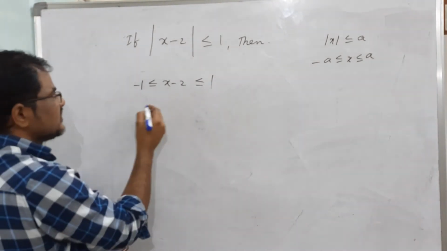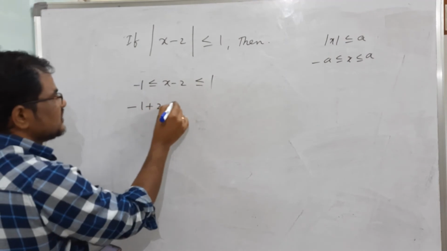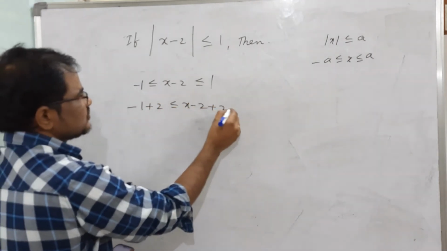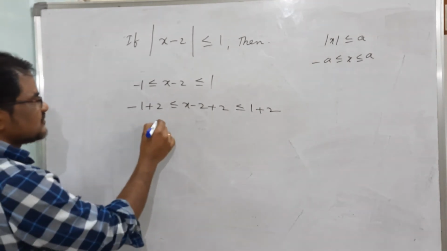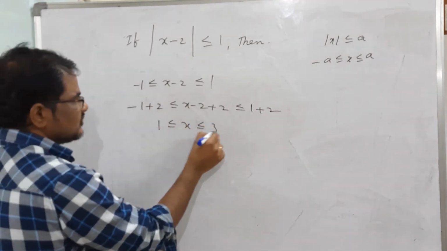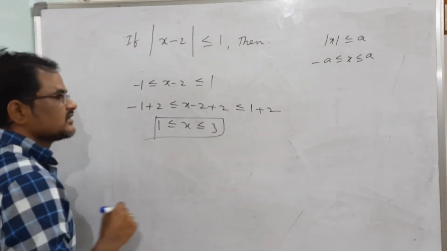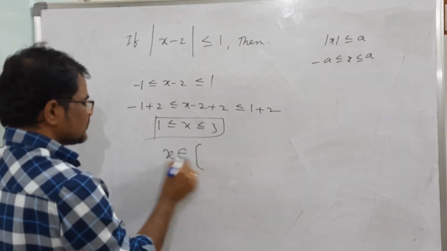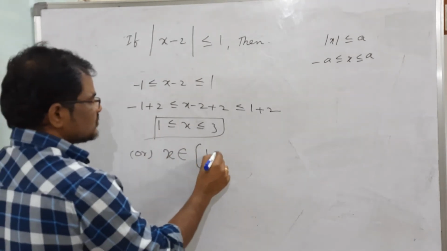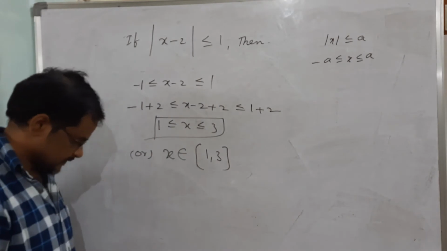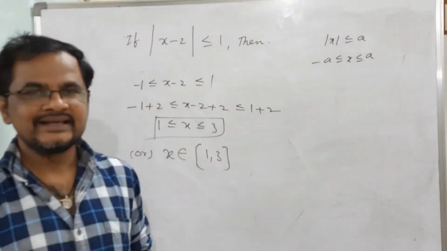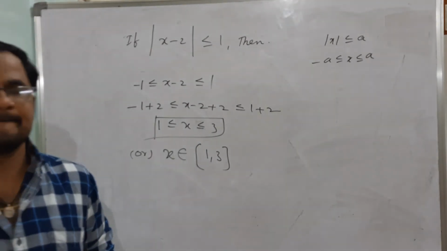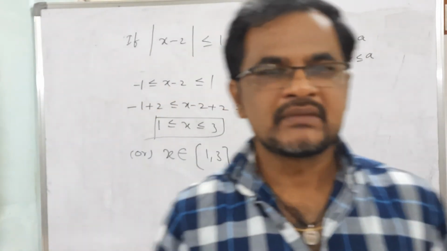Now to remove this minus 2, minus 1 plus 2 less than or equal to x minus 2 plus 2 less than or equal to 1 plus 2. So this is 1 less than or equal to x less than or equal to 3. This is our answer. In terms of interval, x belongs to close interval 1 comma 3. So the first option, x belongs to close interval 1 comma 3, is given. Okay. Next.